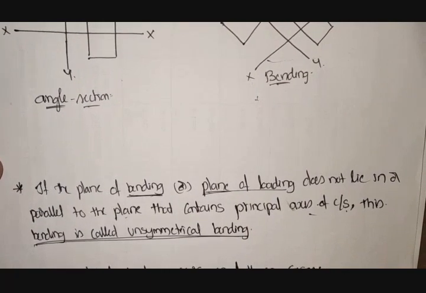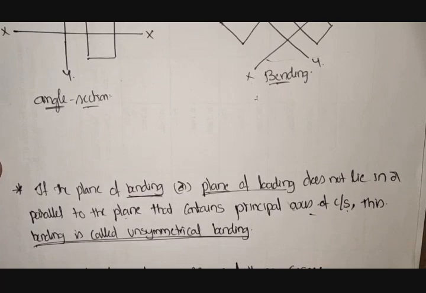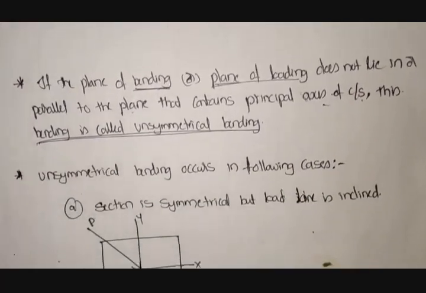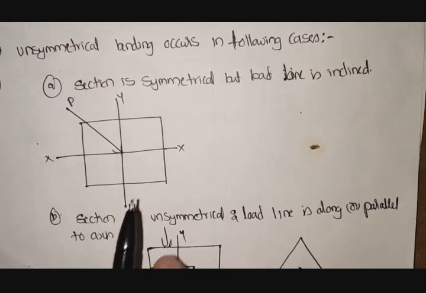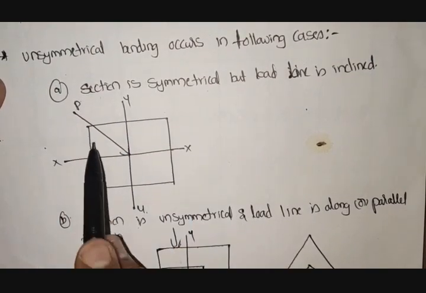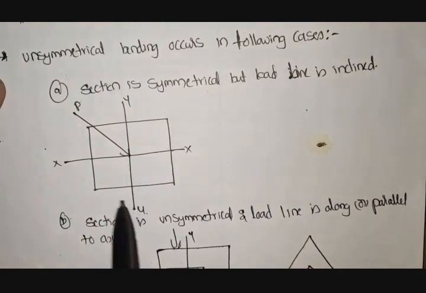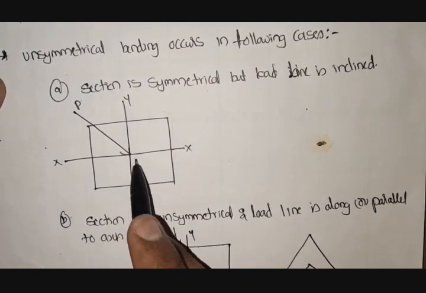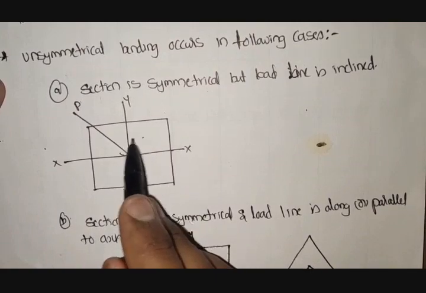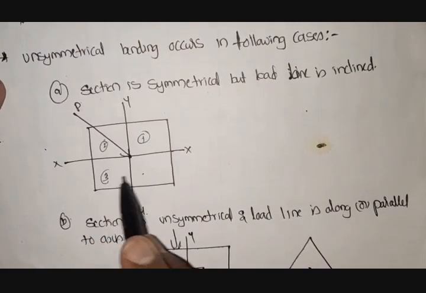So in unsymmetrical bending, we are going to have two cases. The first case is, even though the section is symmetrical, when the axes divide the section at the CG, center of gravity, we have four parts, 1, 2, 3 and 4.